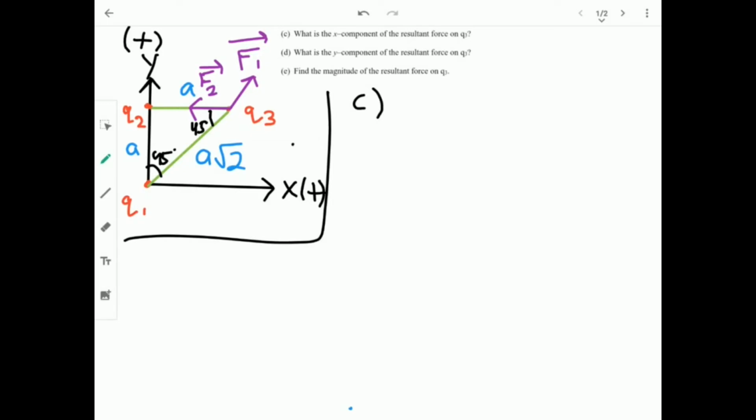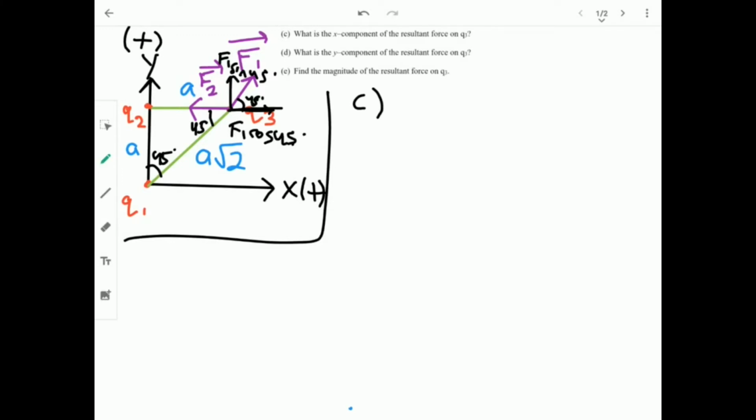So now since these angles are congruent, this is also 45 degrees. So I know that this is F1 cosine 45, and I know that the vertical one is F1 sine 45, right? So the first question is, what's the X component of the resultant force?